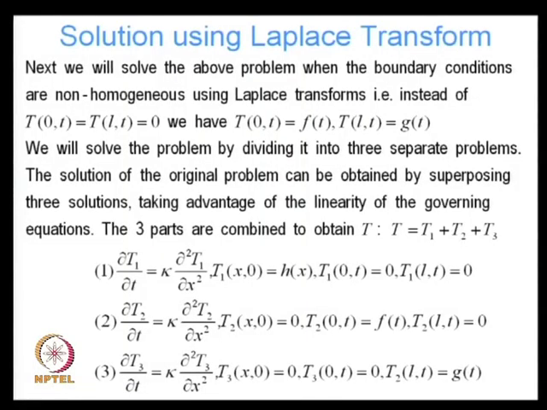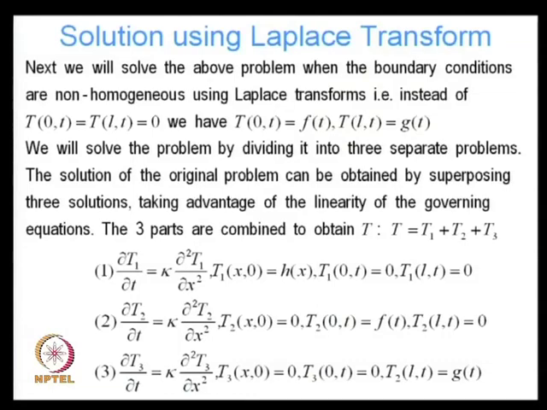In that one I am going to have homogeneous boundary conditions, but non-homogeneous initial conditions. You can see T1(x, 0) is equal to h of x is my non-homogeneous initial condition, and then I have homogeneous boundary conditions which tell me that at end 0 and at end L the temperature is always 0 at all times.